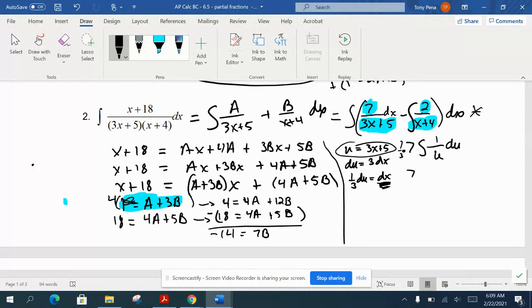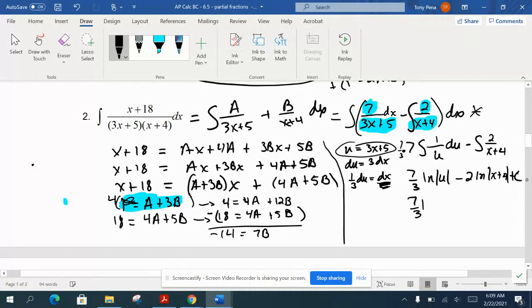So what that then gives us is 7/3 for this one times that natural log of u. And then this one, let me just rewrite it, this step. But then we'll go ahead and do that antiderivative. This plays out normally. Okay. That then is going to be our answer. If we took the derivative of this, now we're going to be good. Actually, let's plug in what u was at the beginning. And then this guy is going to stay the same.